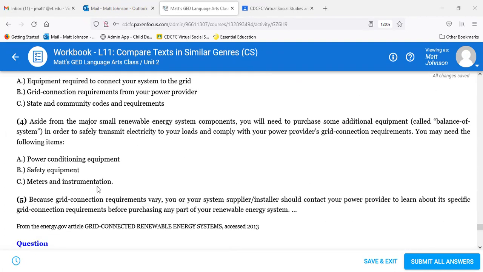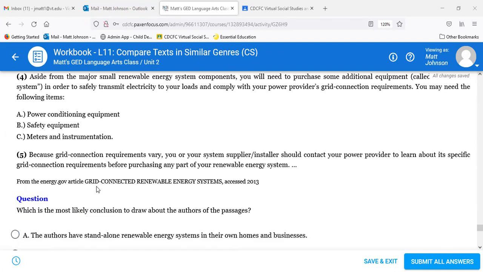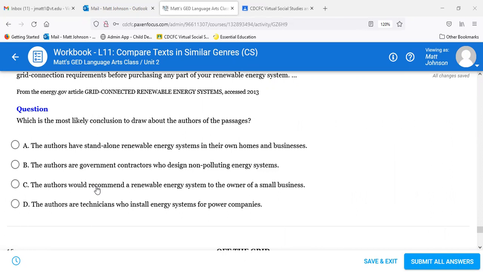And then 14, it looks like we're going to finish out with the same passage. So 14, how about Grace? How about reading 14 for us? All right. Which is the most likely conclusion to draw about the authors of the passage? A, the authors have standalone renewable energy systems in their own homes and businesses.